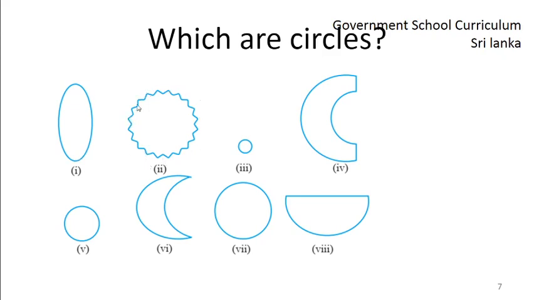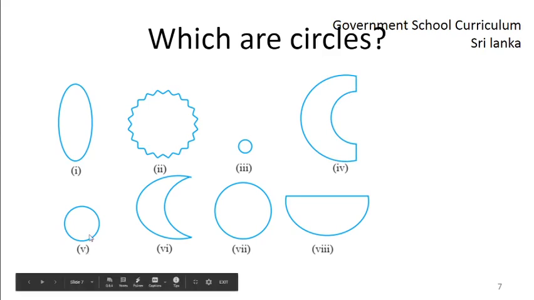Look at this picture. There are a lot of sides here. A circle should not have sides. This is not a circle. There are sides. So here you have vertical sides, a curved side, and another curved side. Fifth one is a circle. Sixth one, there are two sides, curved sides.